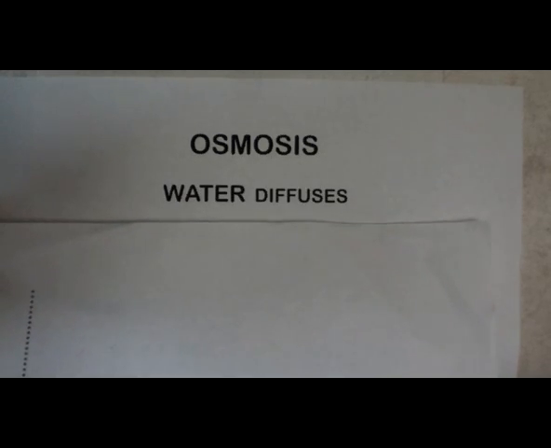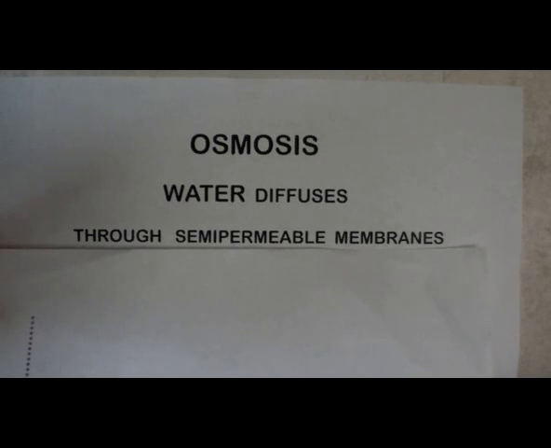Osmosis is the concept of water moving through semi-permeable membranes. In this case, the water will diffuse through the semi-permeable membrane in order to reach an equilibrium. Water molecules like to have the same amount of water molecules on either side of the membrane.